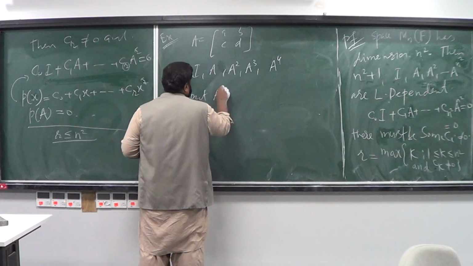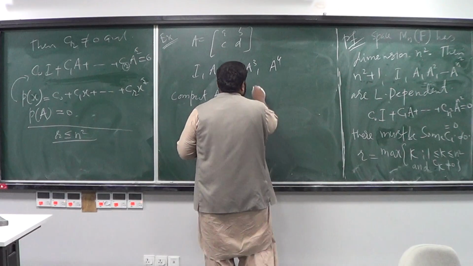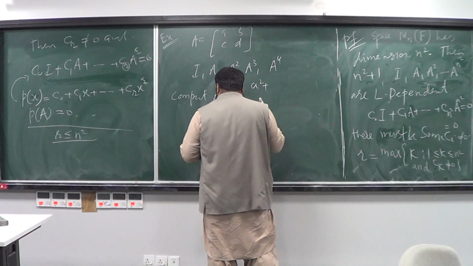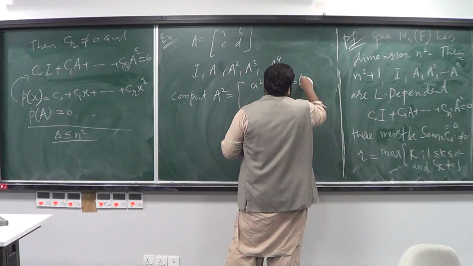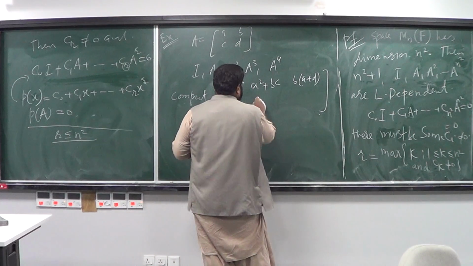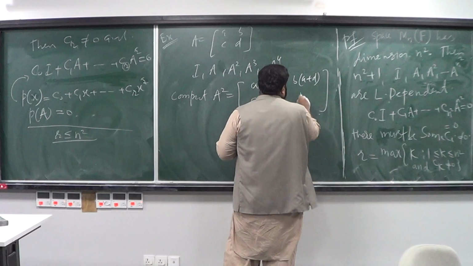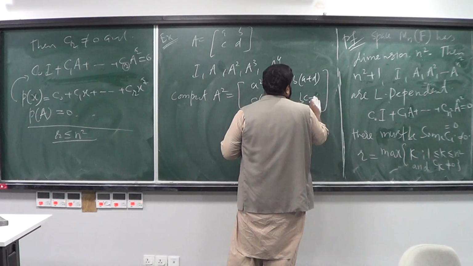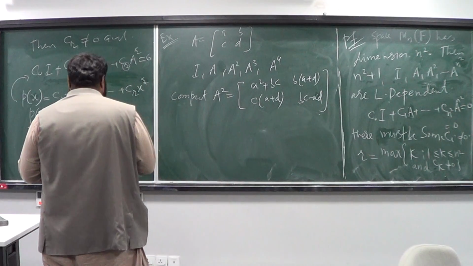If you compute A square, you get a matrix, I'm directly writing it: A square plus BC, B times A plus D, and C times A plus D, and BC minus AD. This is what you get when you compute A square.